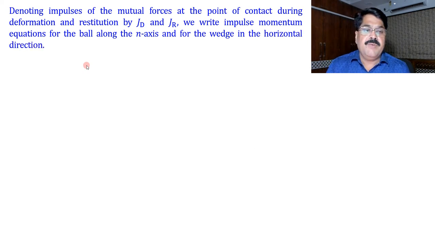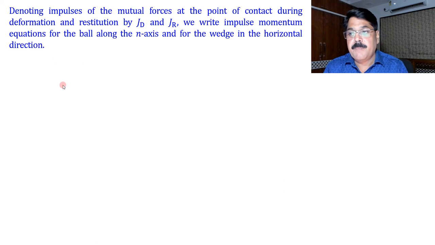Why are we not writing for the wedge along the n-axis? Because the impulse in the normal direction from the ground is unknown. But if you write along the horizontal axis, that will have no contribution.